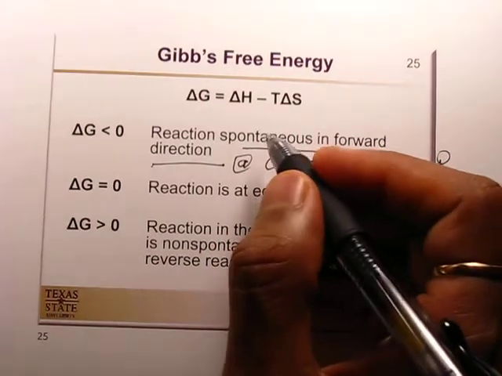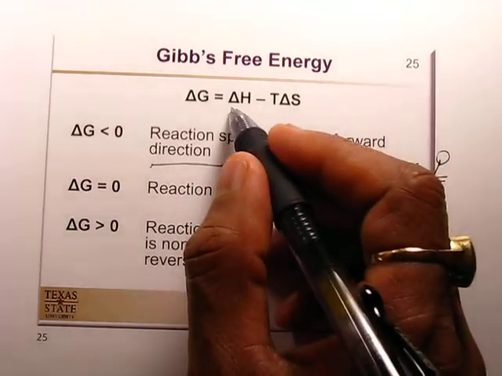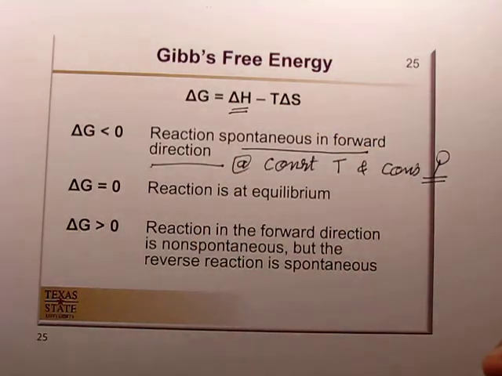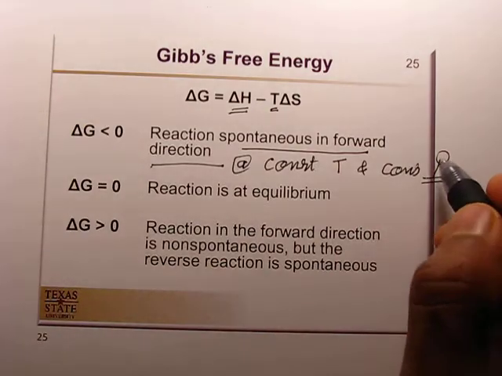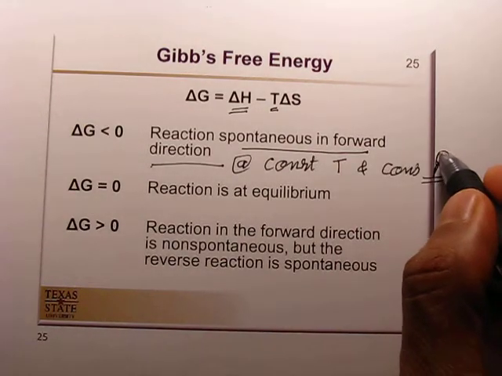If constant pressure is there, it means the enthalpy will be constant, and temperature is constant, then we can get delta G negative.